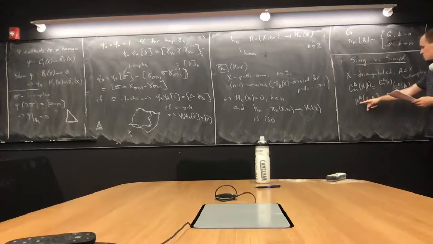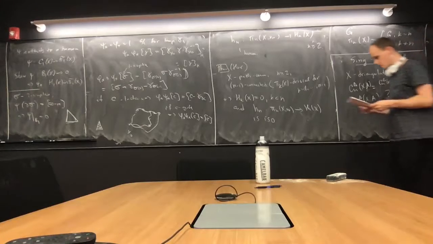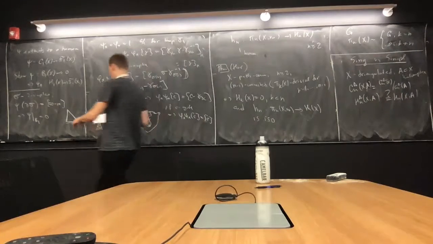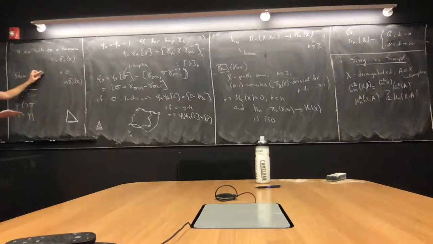We want to prove that this is the same as singular homology, which is going to be Hn without the triangle. And specifically, the map from simplicial to singular is obviously just the inclusion.